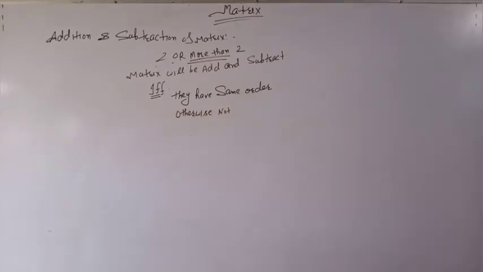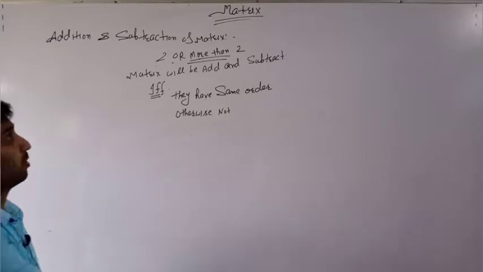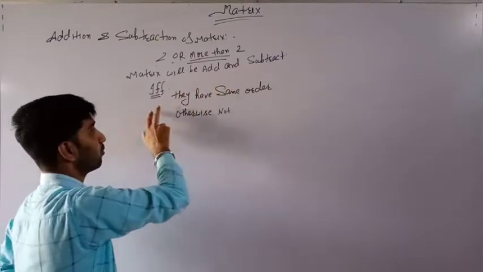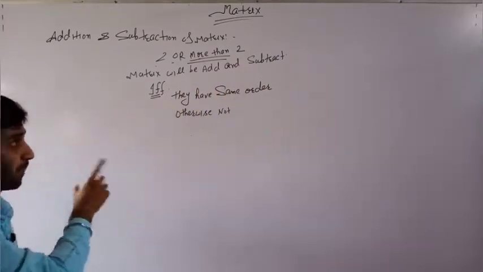Two or more than two matrices can be added and subtracted only if they have the same order. If their order is the same, they can be added and subtracted, otherwise not.